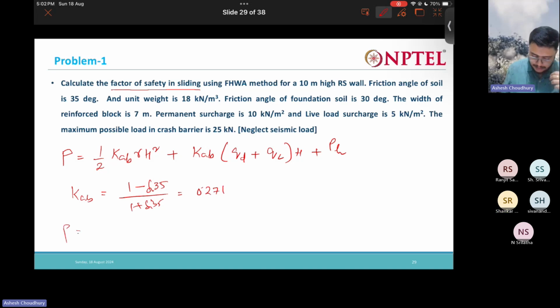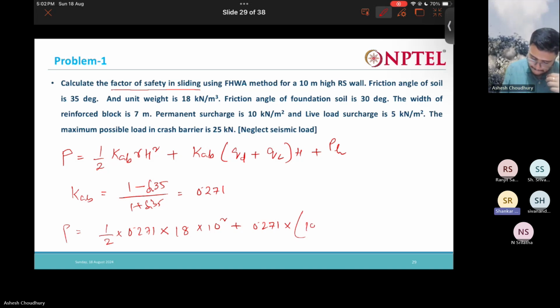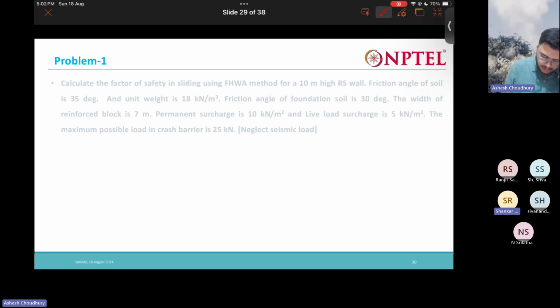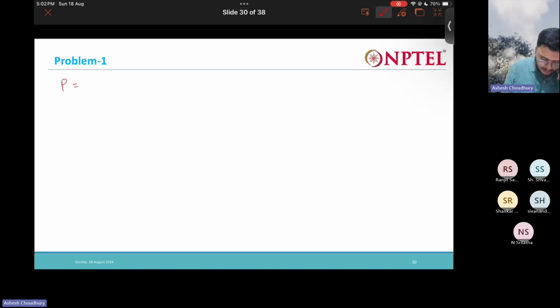Now we can calculate P: half times 0.271 times gamma, 18, times 10 squared, plus, what is q_D? 10 plus 5, times height 10. So we will get P.